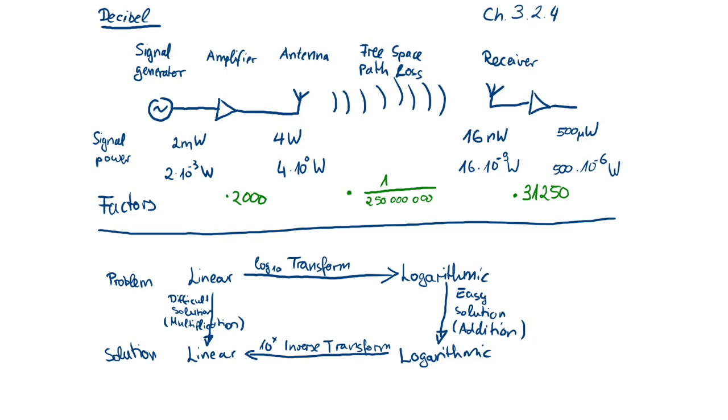So imagine that we have a system here, a simple communication system which consists of a signal generator, an amplifier, an antenna which transmits the electromagnetic signal, which propagates in the free space, and then it is received by a receiver.